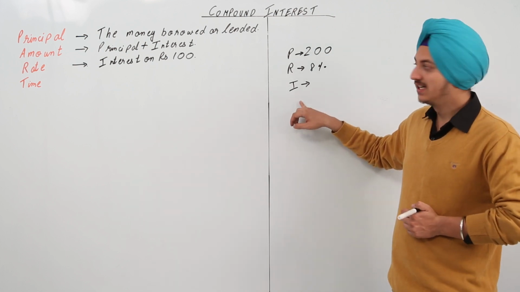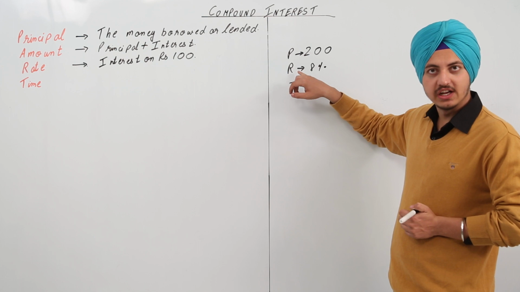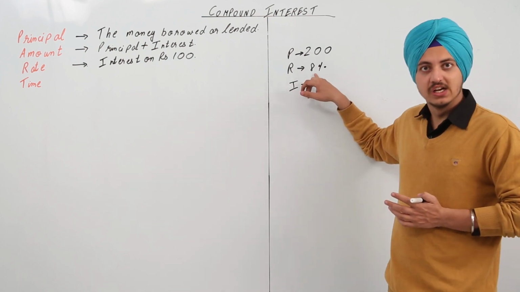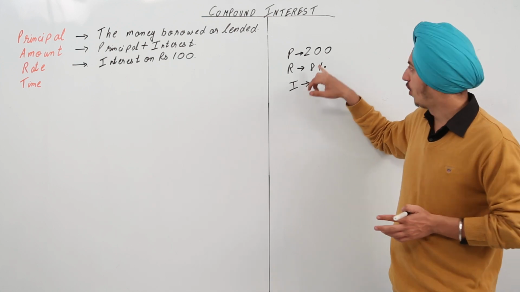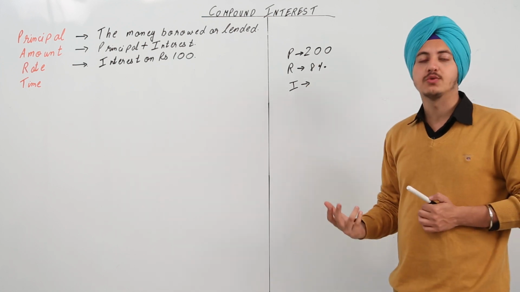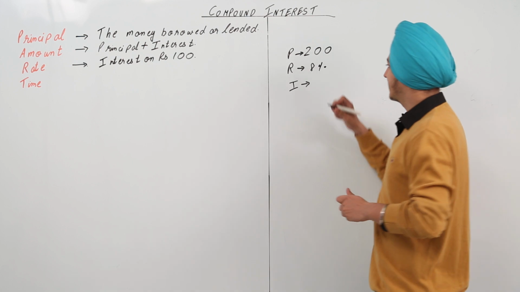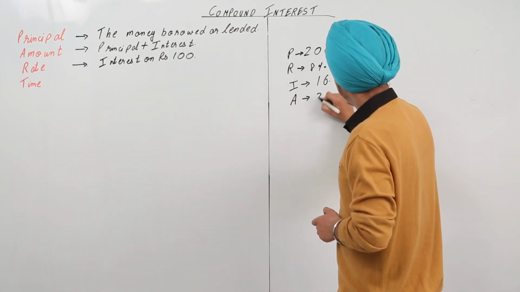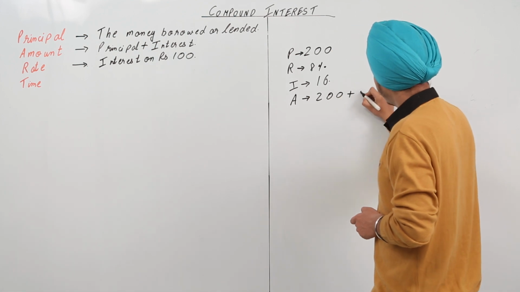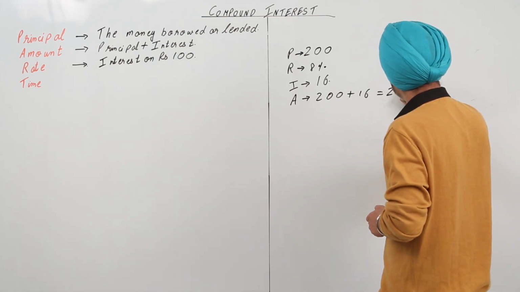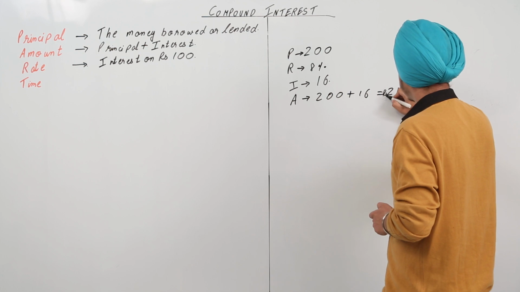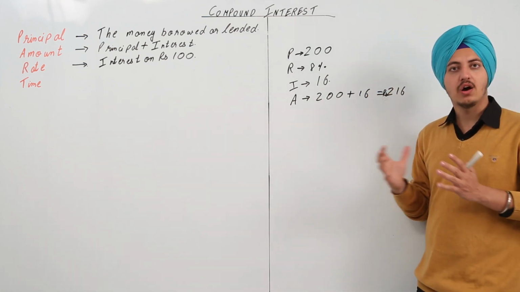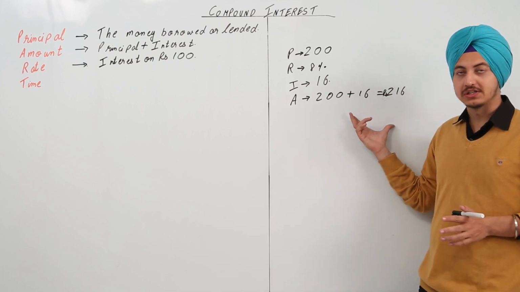If rate is the interest paid over 100 rupees, that is 8%, so 8 rupees is paid on 100 rupees. So on 200 rupees, how much money will be paid? 16 rupees. So the total amount is principal plus interest, that is equal to 216 rupees. Right? So this is the basic funda of simple interest.